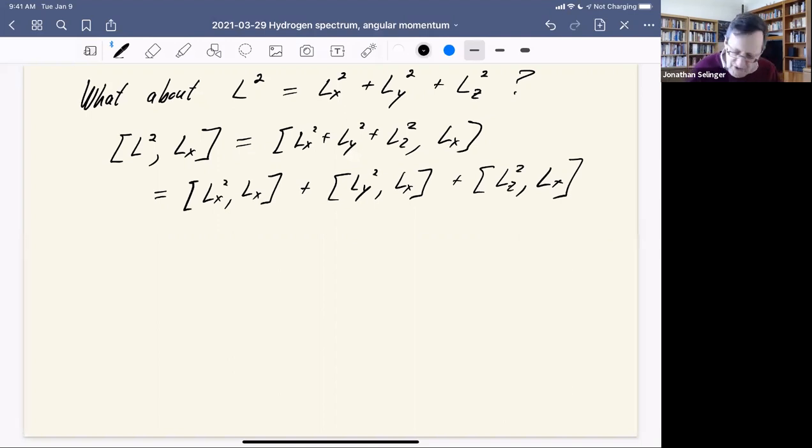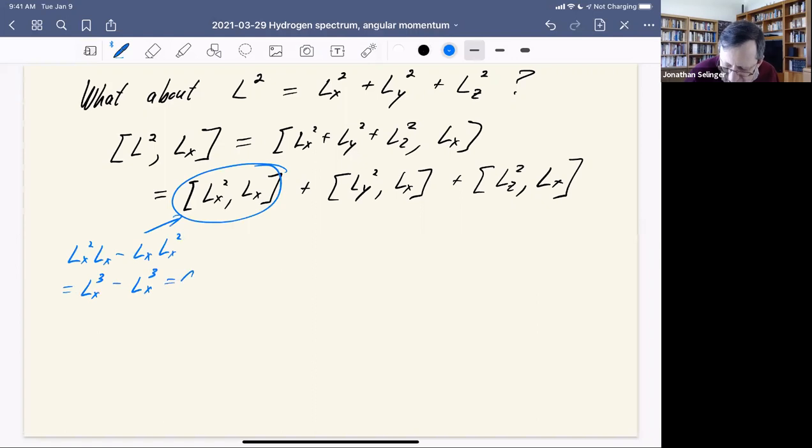Let's figure this thing out. The first term is the easiest. This is Lx squared Lx minus Lx squared, so that's Lx cubed minus Lx cubed. That's 0. No problem with that. What about the other two terms?